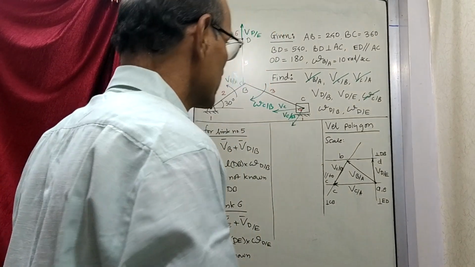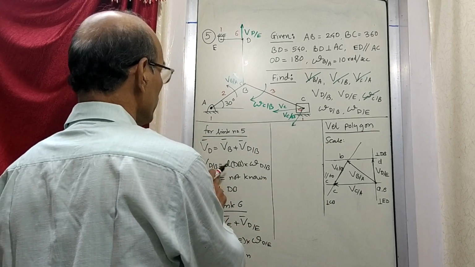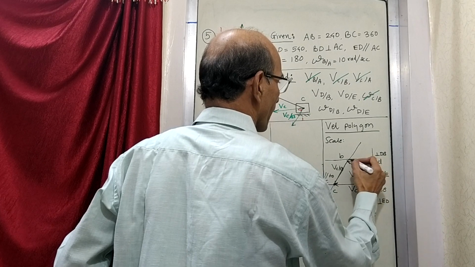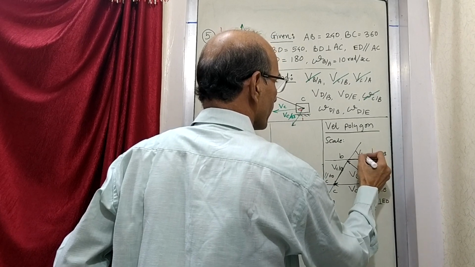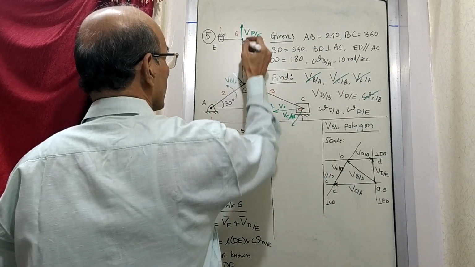So we could find out this, and the other one is velocity of D with respect to B is going to be this way, like this.